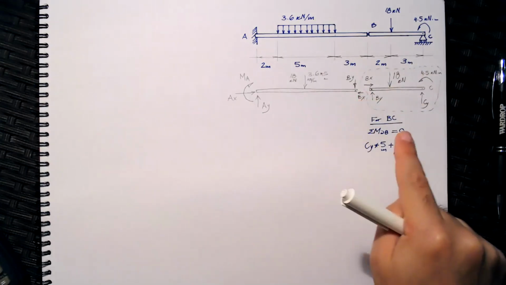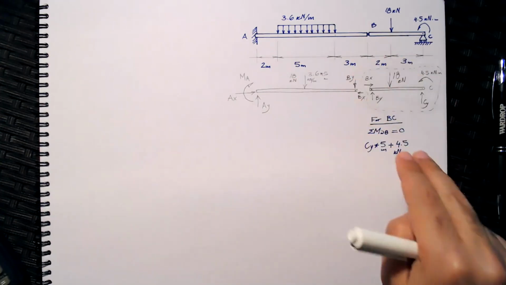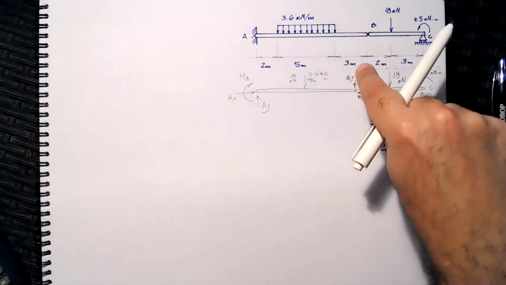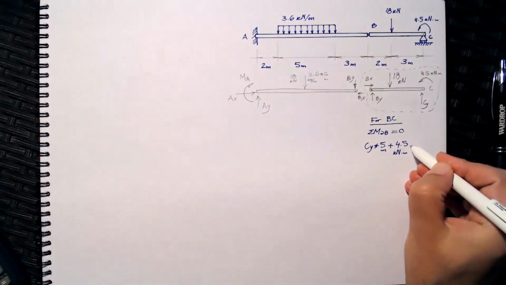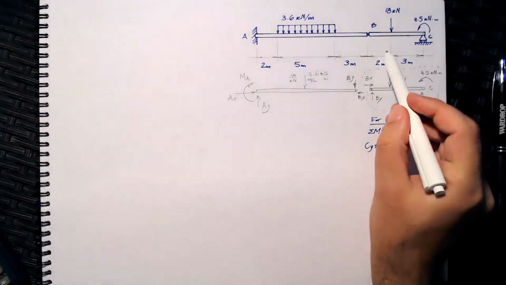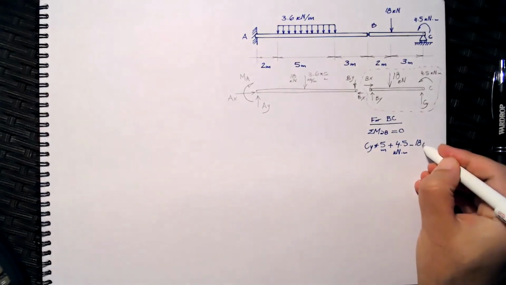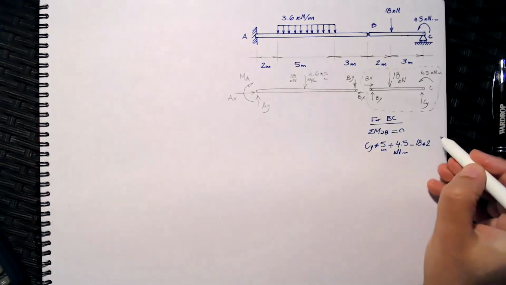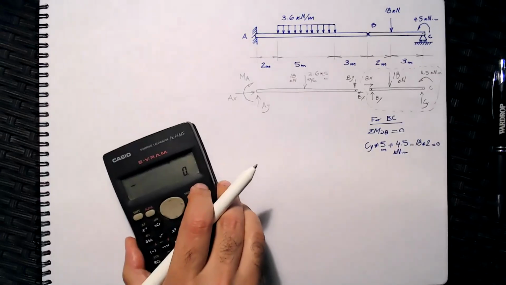You get to know by putting your finger at B and observing what are the forces rotating about B. You will quickly realize the 18 is rotating clockwise. Clockwise, I will consider it as negative. The force is 18 and the distance between the point load and B is 2 meters, so I will multiply this by 2 meters. When you add up all these moments, the answer has to equal 0. So let's do quickly the math.